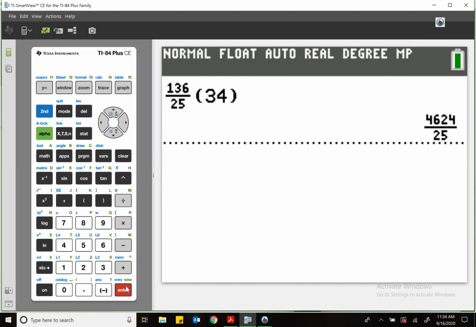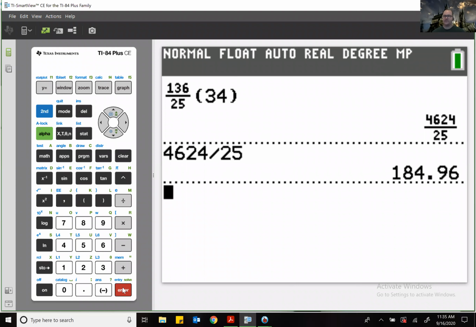Oh, you all are thinking too hard. Divided by the 25. Yeah, just divide. Take 4,624 and actually divide it by 25. All a fraction is division. There's our decimal.